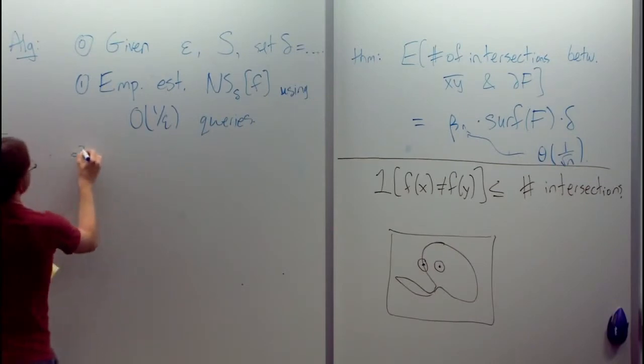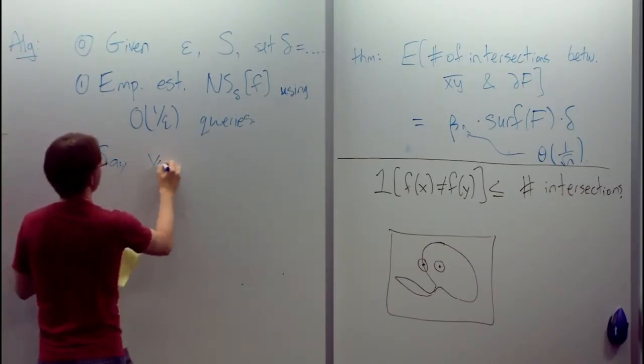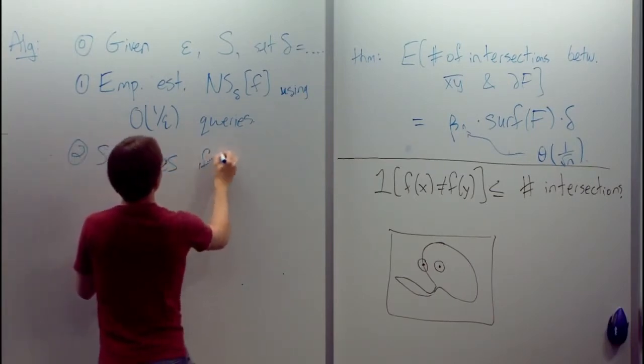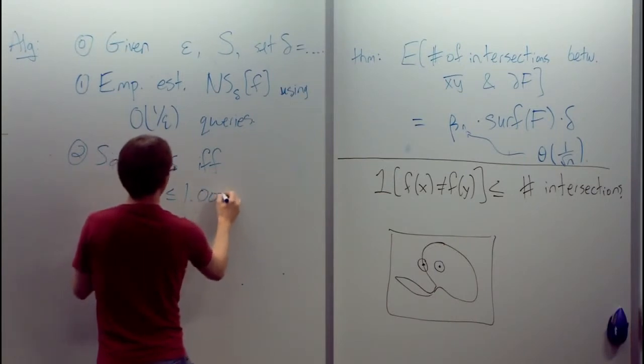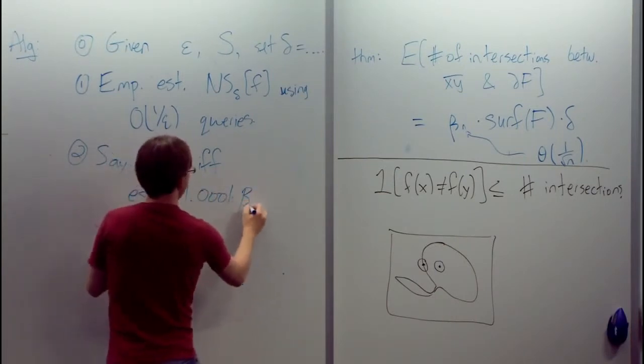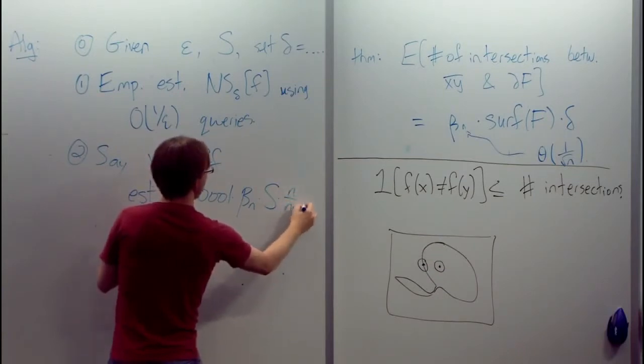Okay, and then finally, step 2, having estimated this, just say yes if and only if the estimate is at most 1.01 times beta n times S times n over n plus 1 times delta.